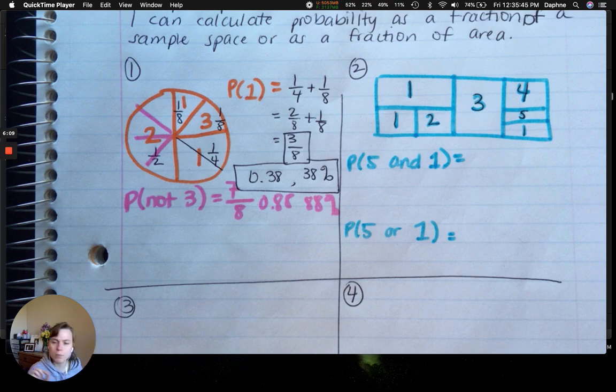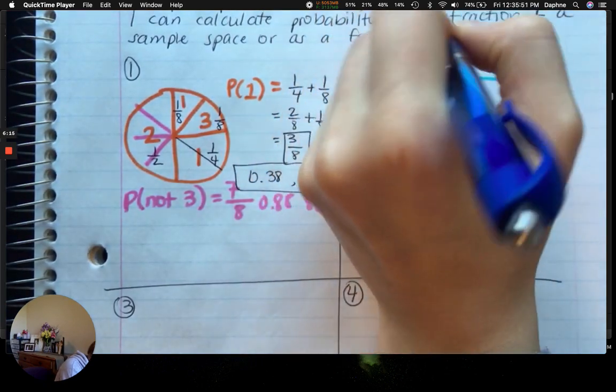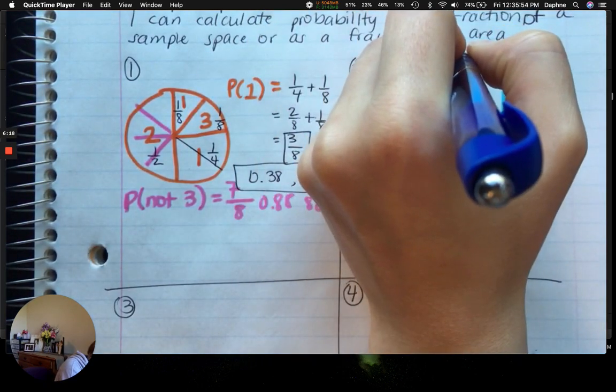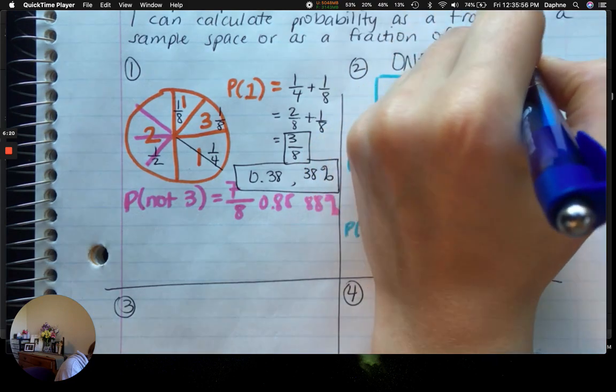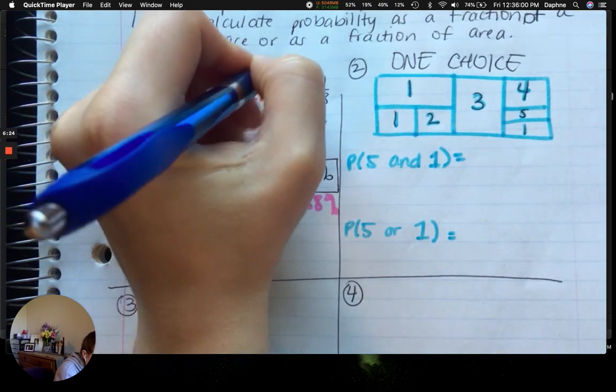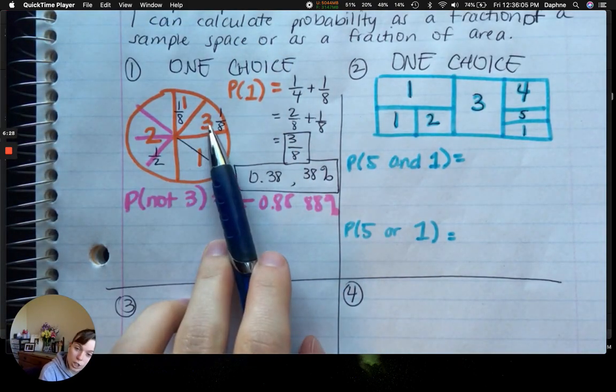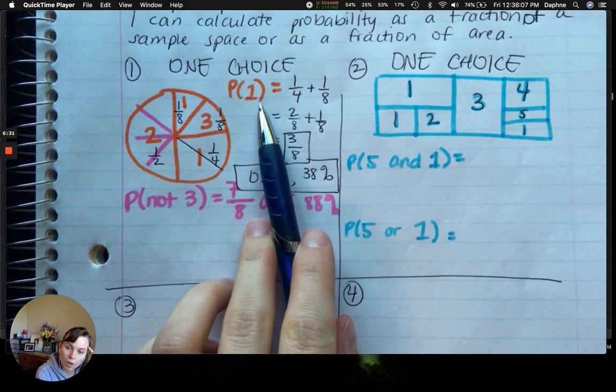Okay, for the sake of clarity, I'm going to add, this is only one choice. And this is also only one choice. So this was one choice. So I have one spin. What's the chance that one spin lands on a 1?